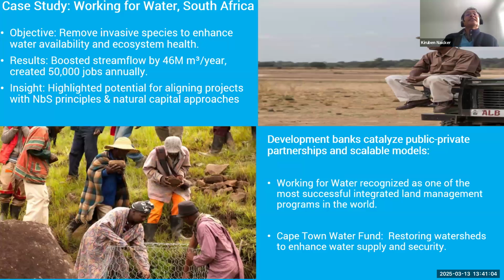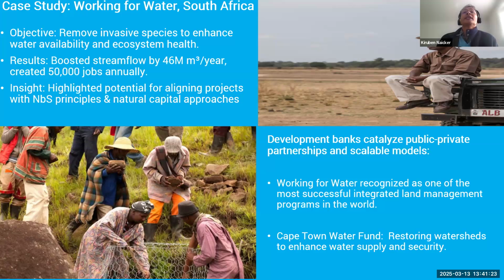There's the other case study in South Africa with the objective of removing invasive species to enhance water availability and ecosystem health. This boosted stream flow by 46 million cubic meters per year and created 50,000 jobs annually.